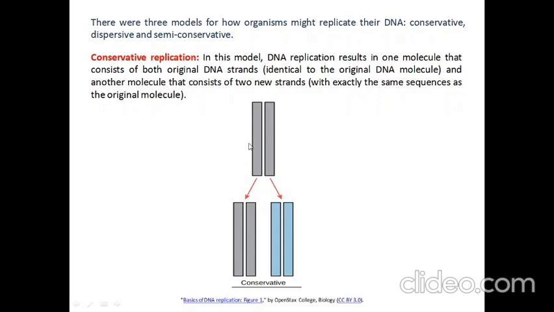What happened here is that the newly formed DNA contains both complete original DNA strands, which is identical to the original DNA molecule, and another molecule that consists of two new strands with exactly the same sequence as the original strands, but made of completely newly synthesized nucleotides, which are a copy of the other molecule.